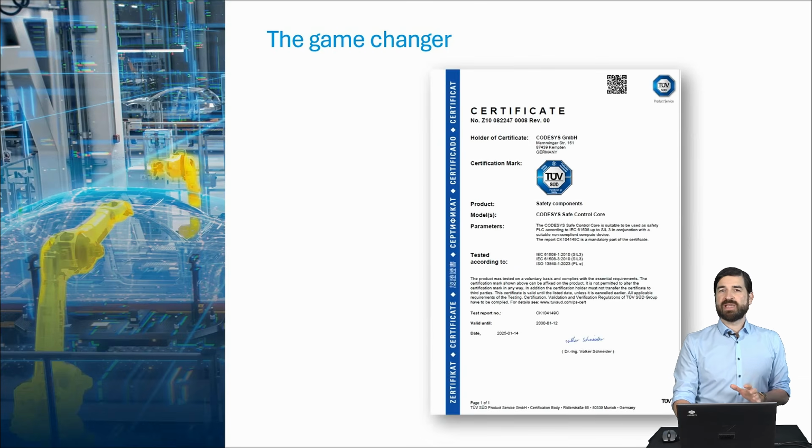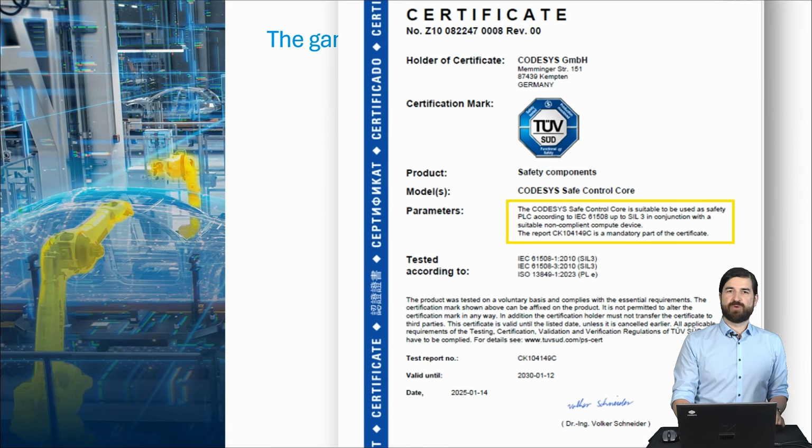What you're looking at is a TÜV Süd certificate issued for the CODESYS Safe Control Core. This certificate confirms that our safety software component is suitable to be used as a safety PLC according to IEC 61508 up to SIL 3 in conjunction with a suitable non-compliant compute device.